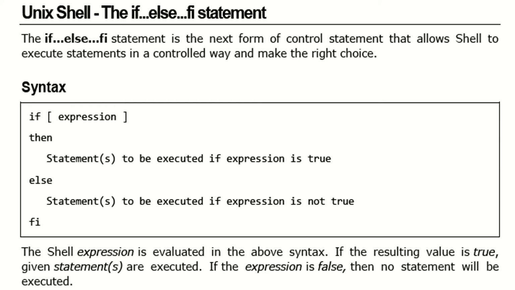If you put age equal to 20, 20 is greater than 18, so the first statement executes: he or she is eligible for voting. If it is 16, less than 18, then the condition is false, and automatically the else part is executed: he or she is not eligible for voting. Like this we can write examples for expressions in the if then else structure.